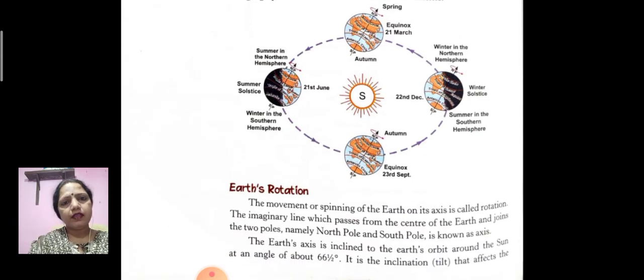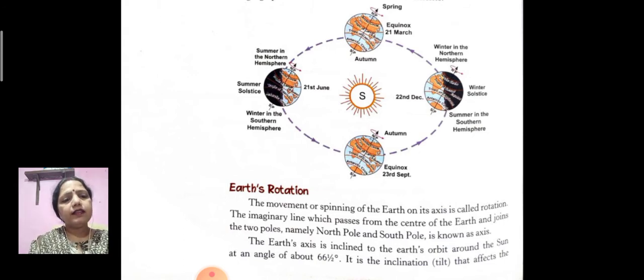Firstly, earth rotation. The movement or spinning of the earth on its axis is called rotation. The imaginary line which passes through the center of the earth and joins the two poles, namely the north pole and south pole, is known as the axis.